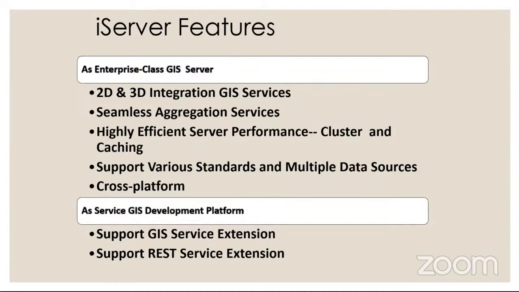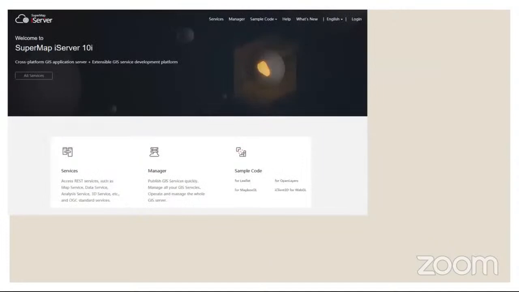Okay, for next, this is the interface for SuperMap iServer. As you can see, when you download and open it, this is what you can see for iServer, where there is a services manager and sample code. The sample code is for when you want to do development for the service or the map.